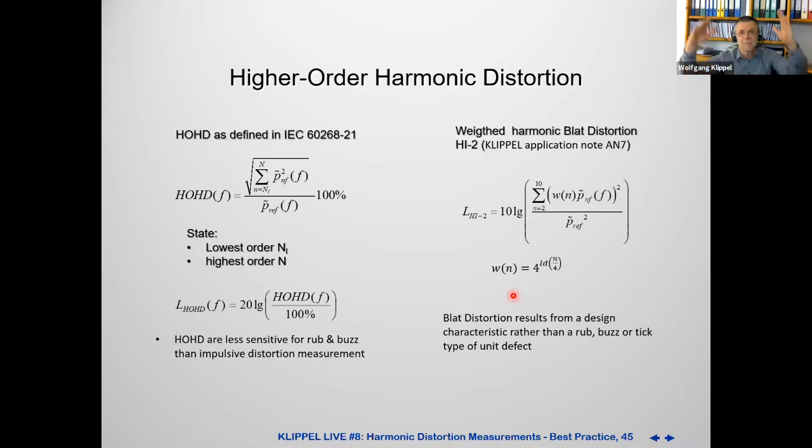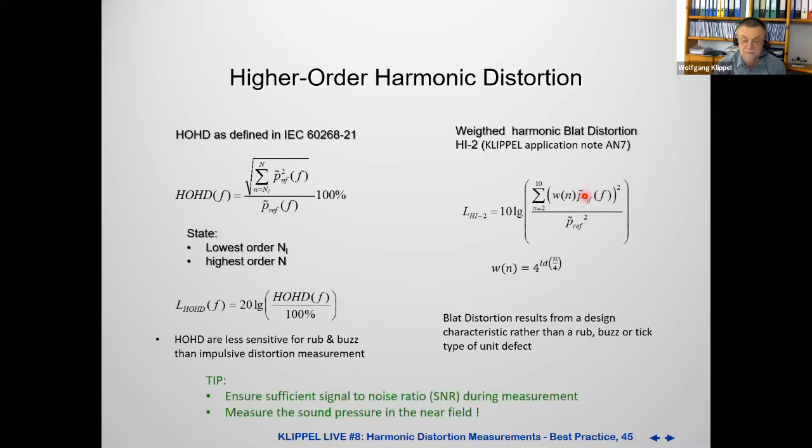That happens in some automotive speakers if you are using the suspension as a protection system. That's why they are calling that Platt distortion. It is not good for Rub and Buzz, but it's very good for evaluating this kind of sound, which sounds a little bit aggressive or sometimes unpleasant.